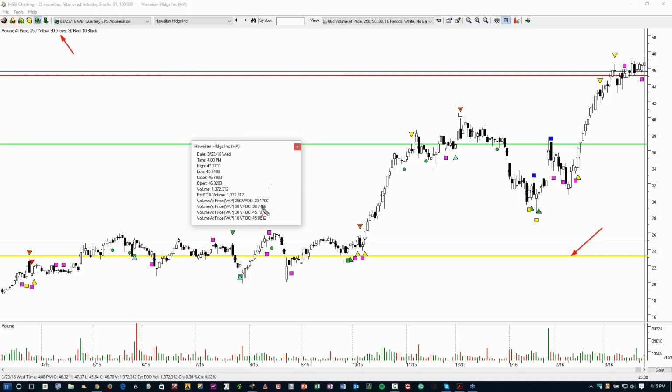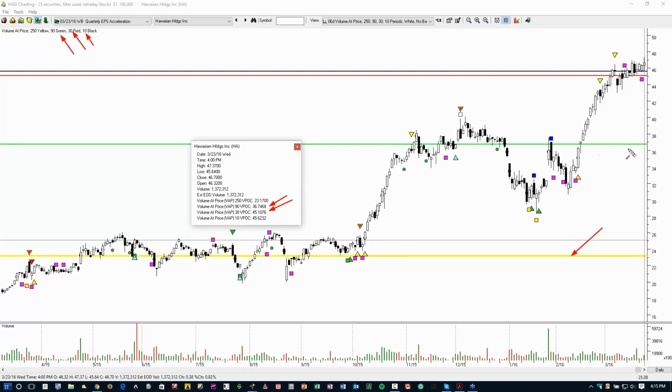Now the green is the 90 volume point of control. The 30 volume point of control is red, and the 10 is black. And you can see that these two are very close to one another up here.